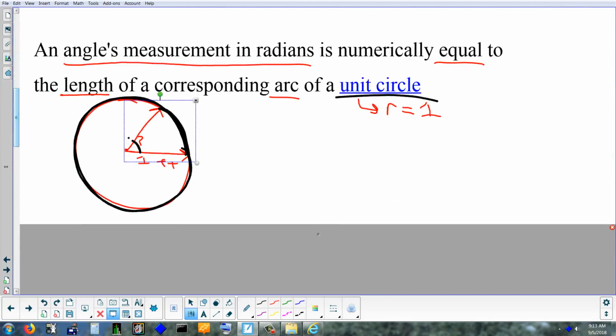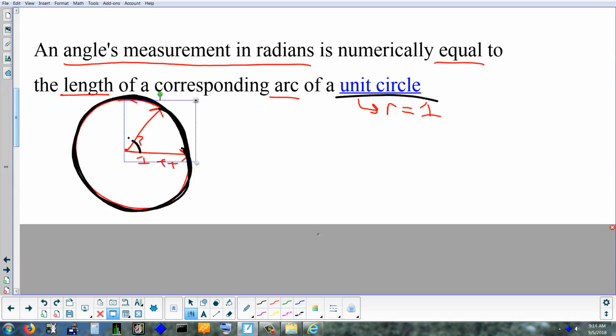What do we call that? A unit circle? What about the circle? This line in black is the perimeter of it, which is the circumference, exactly.